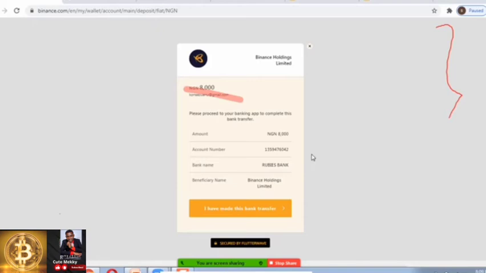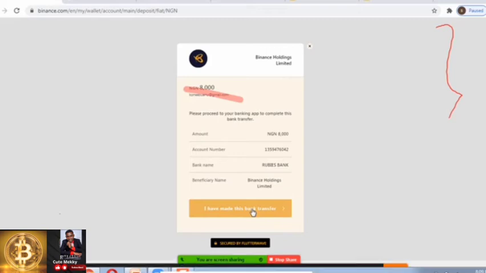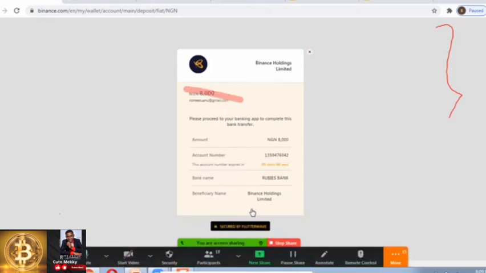Then I'm transferring 8,000 Naira to this account. Now, what you do is once you've done the transfer, you click on I have made this transfer. For me, I have done the transfer right now. So I'll click I have made this transfer.